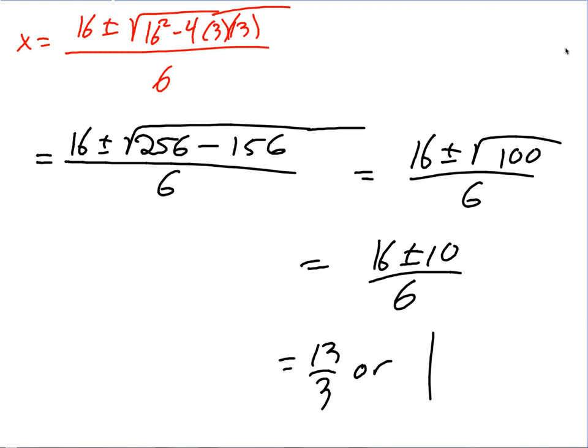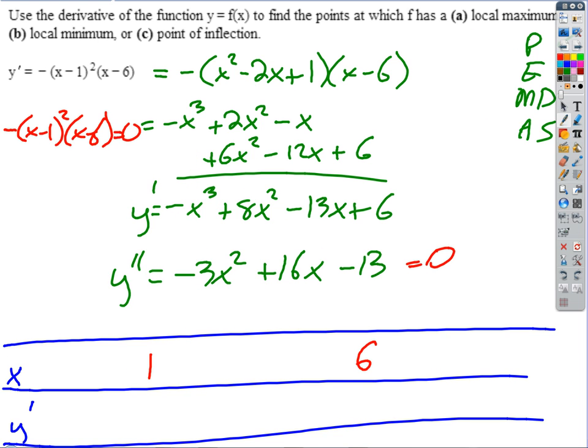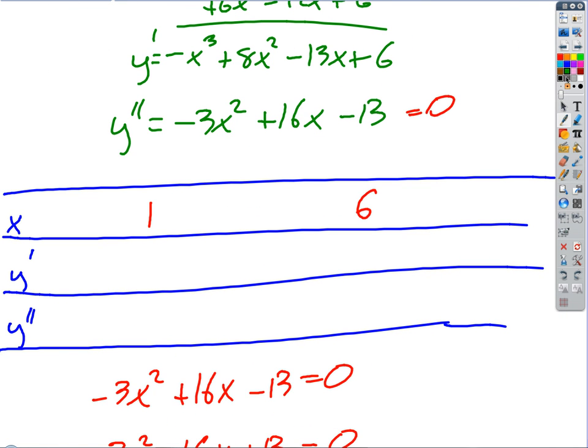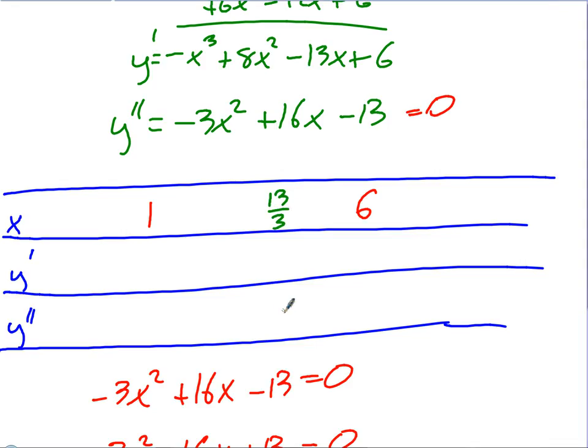Let's go back to our table and we can put those numbers in. So 13 thirds, how's that compare to 6? That's going to be a little bit less, yes. Okay, and so we had zeros and zeros, right?